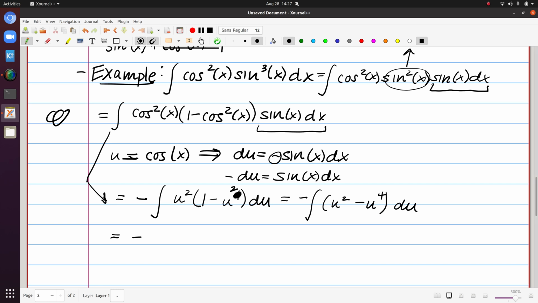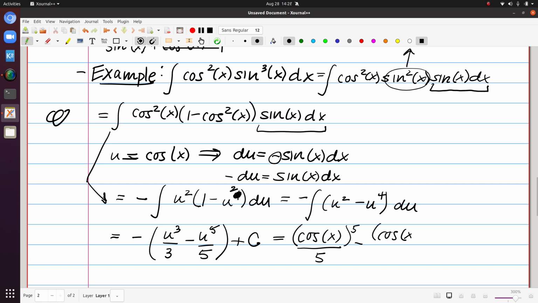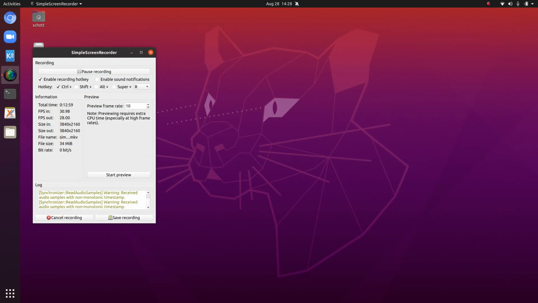So we get minus the quantity u cubed over 3 minus u to the 5th over 5 plus my integration constant. And finally, reverting this back into functions of x, I could express this as cosine of x to the 5th over 5 minus cosine of x cubed over 3 plus my integration constant.